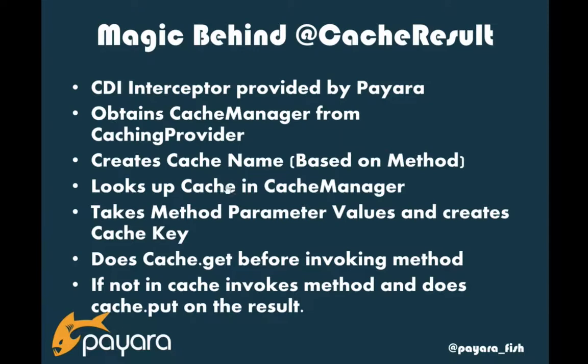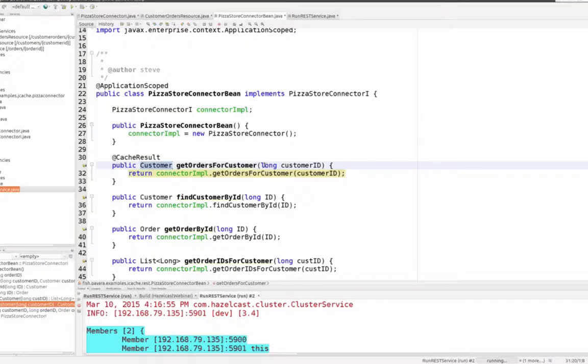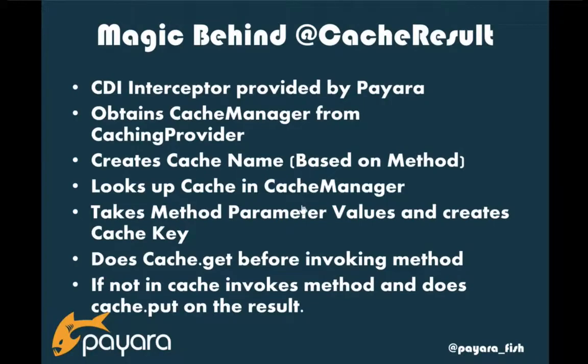It will then look at that cache in the cache manager. If it's not there, it will create the cache for you. It will then take your method parameter values and create a key. So it will take long customer ID and make that a key. If you have multiple method parameters, it will take each parameter and concatenate them into a special class and create a key from the combined parameters. It creates that cache key.